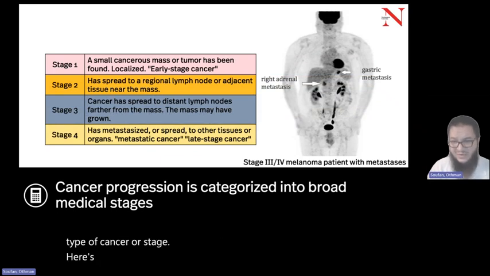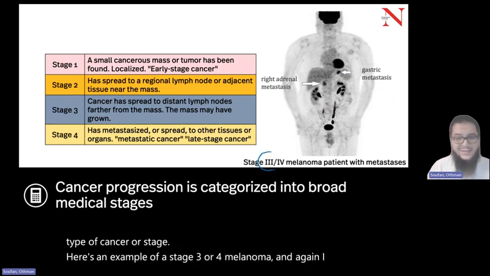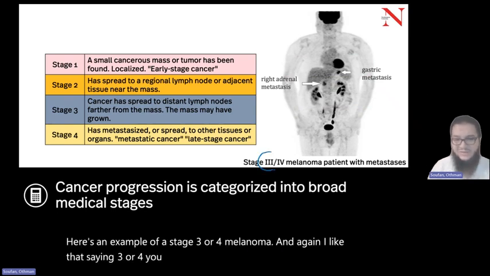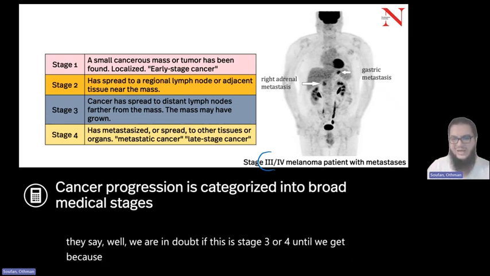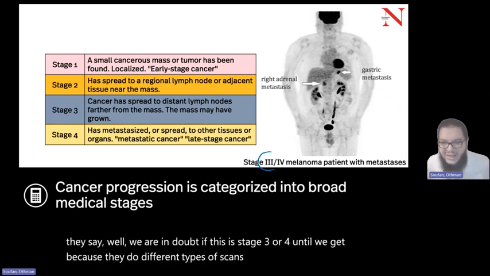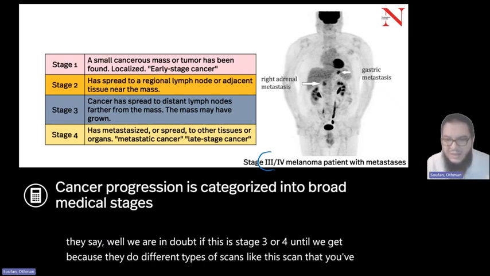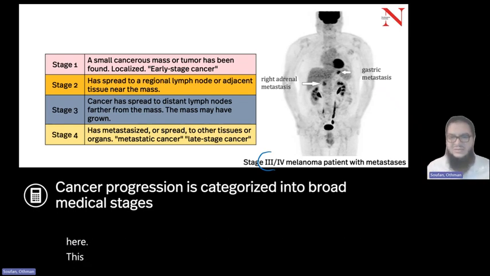Here's an example of a stage 3 or 4 melanoma. And again, I like that it's saying 3 or 4. You hear this from physicians. Sometimes they say, well, we are in doubt if this is stage 3 or 4 until we get results, because they do different types of scans, like this scan that you see here. This is a PET and CT scan.